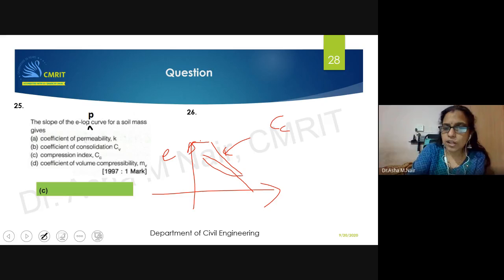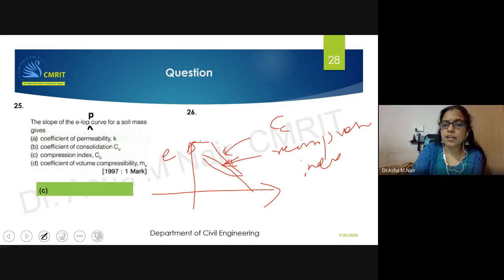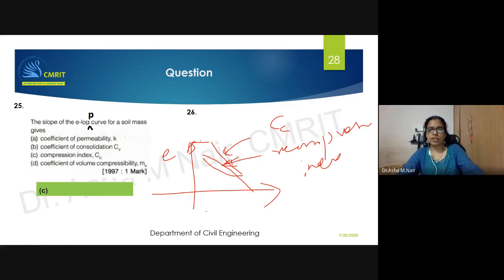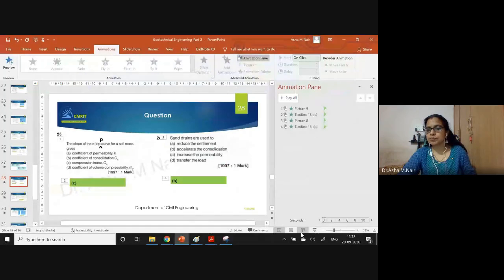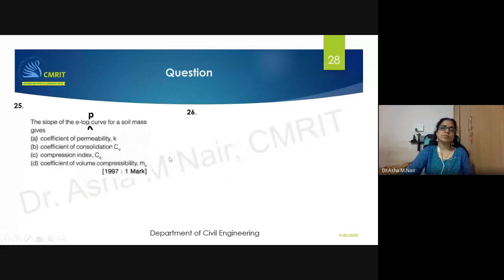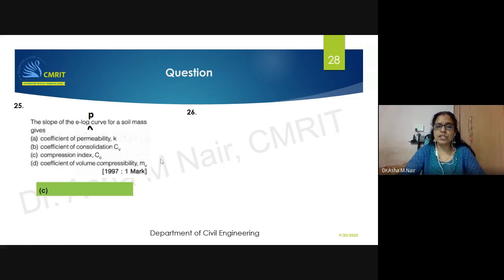The slope of this part is called the recompression index. So the slope of e versus log P curve for a soil mass is given by the compression index.